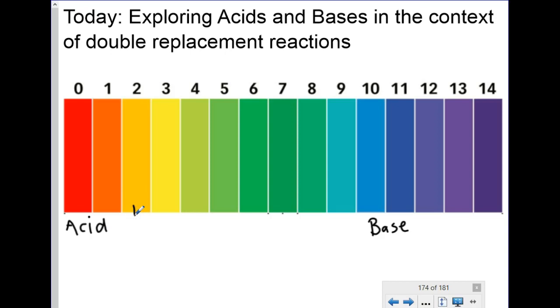For some of you, the color change was in around here. For some of you, the color change was maybe in the tealy range. It depended on how much acid and how much base you added. Why is the final pH somewhere in between where the first two colors were?